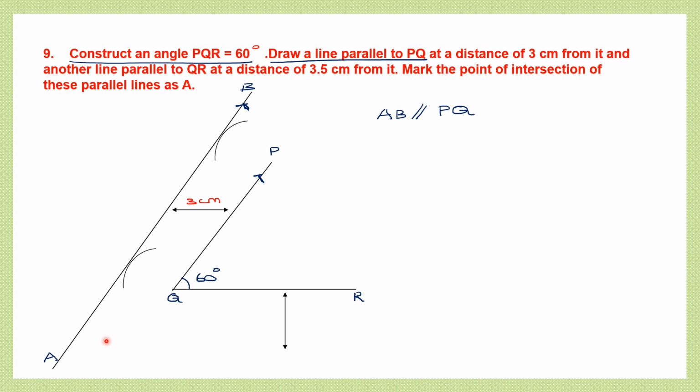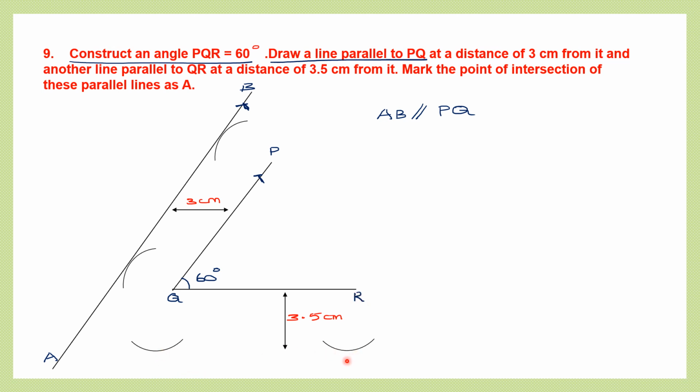Remember the distance here should be 3.5 centimeters. So this measurement is going to be there on your compass, and now I'm going to draw the two arcs. The first arc I have drawn by placing my compass needle at Q. Now with the same 3.5 centimeters, I'm going to place my compass needle at R and draw an arc. So now I have two arcs.